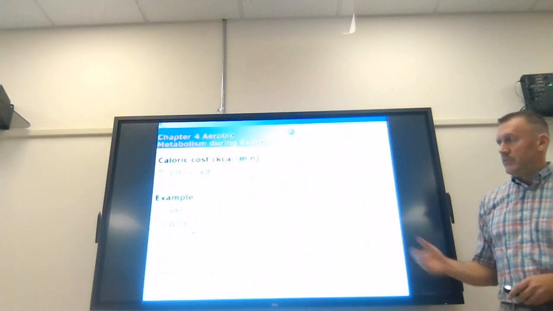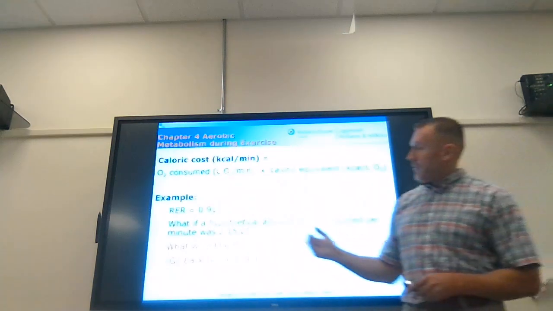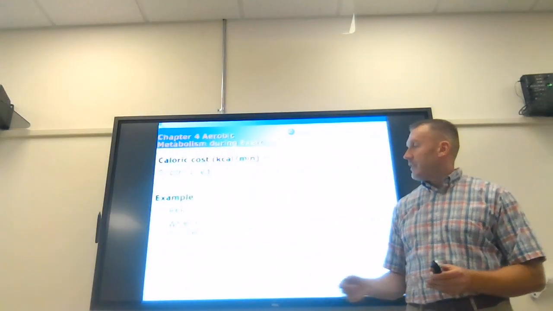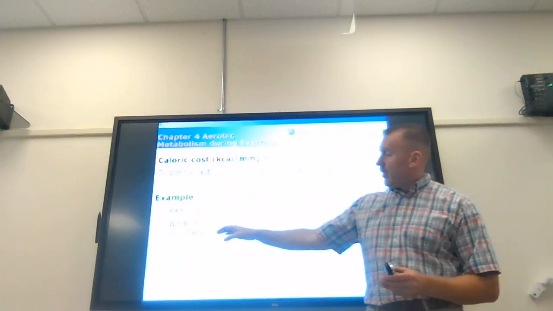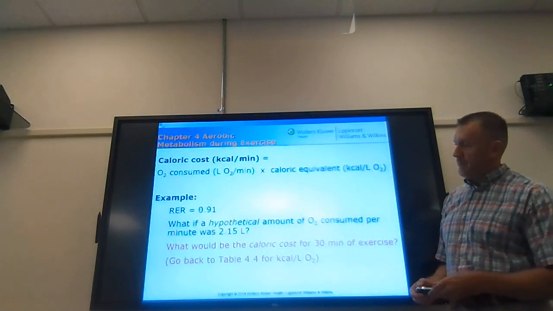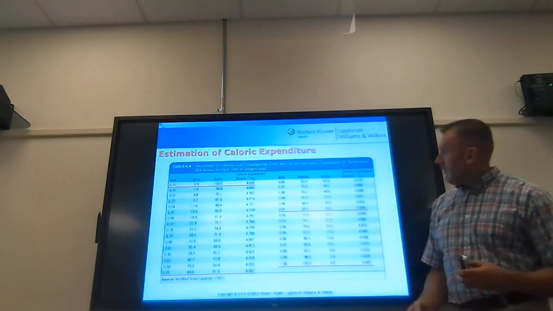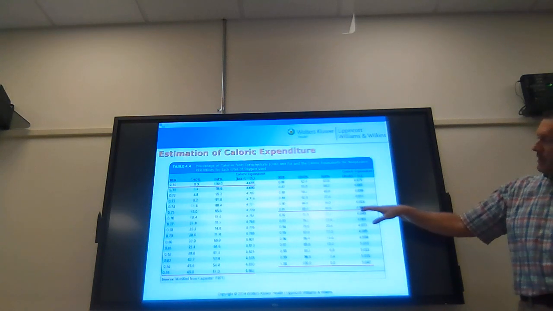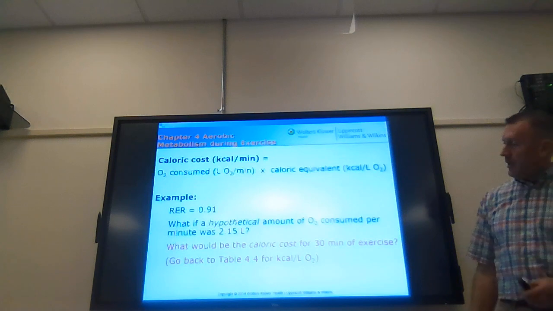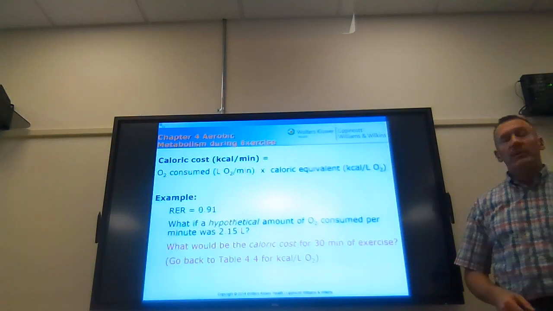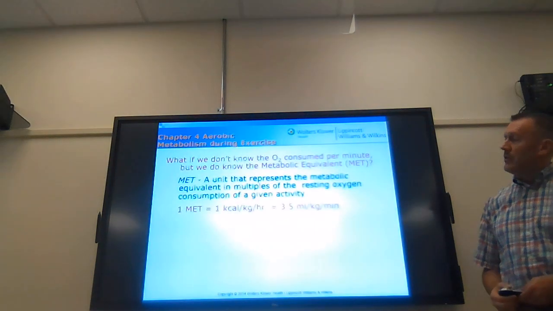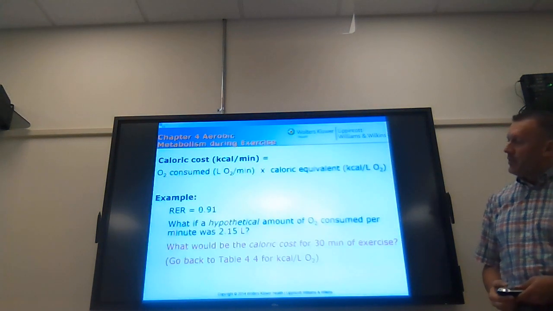So hypothetically, I'm just throwing this number out there, if our oxygen consumption was 2.15 liters per minute, and we are expending 4.936 calories per liter, and we're asking for 30 minutes, we could calculate that out pretty easily.